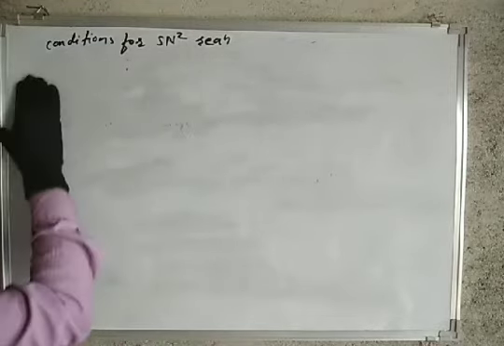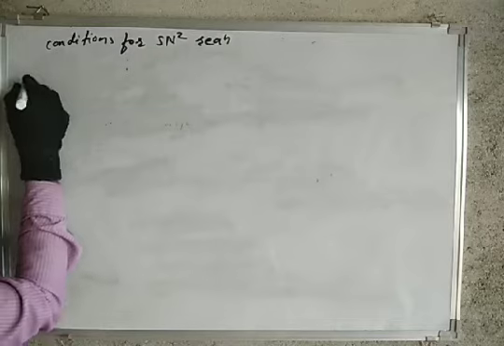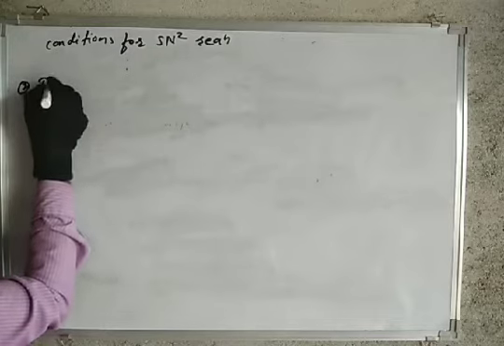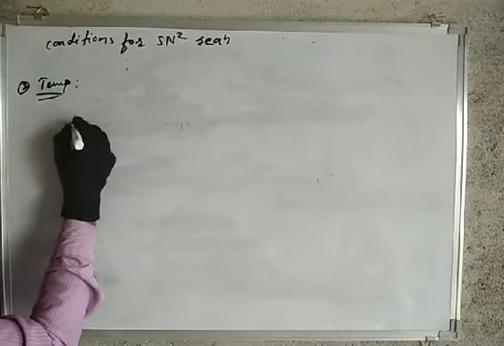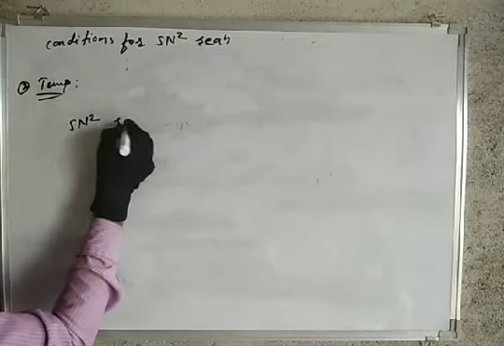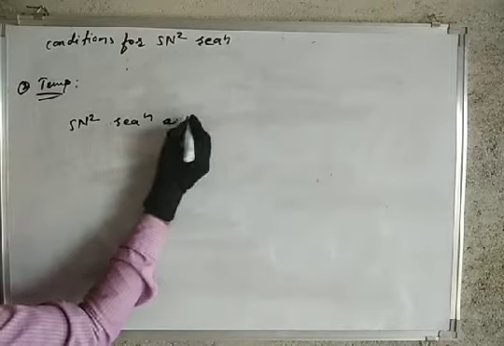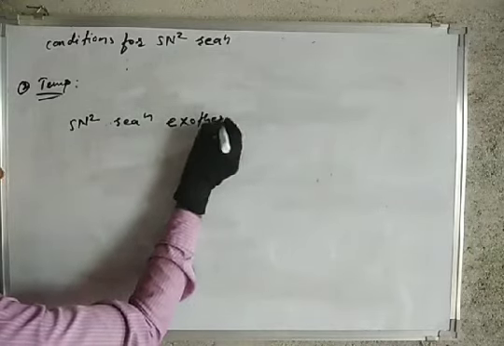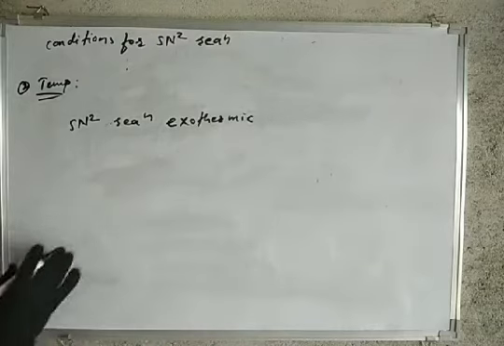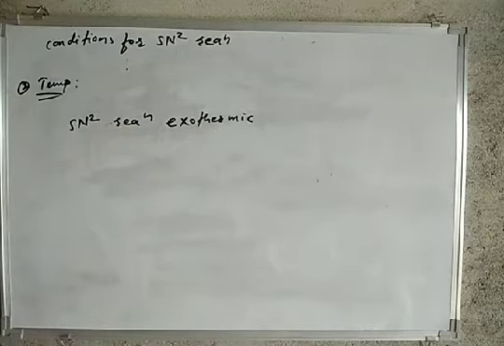condition, temperature. The SN2 reaction is again exothermic, means in this reaction heat is evolved. Here there is breaking of the carbon halogen bond and simultaneously formation of the carbon oxygen bond.